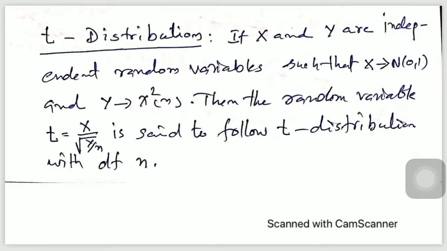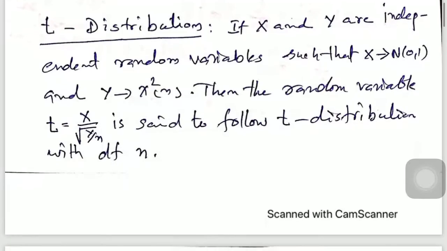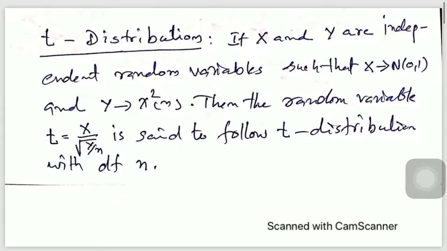Now we shall discuss another special distribution called the t distribution. You can see that the t distribution can be derived from a standard normal distribution and a chi-square distribution.